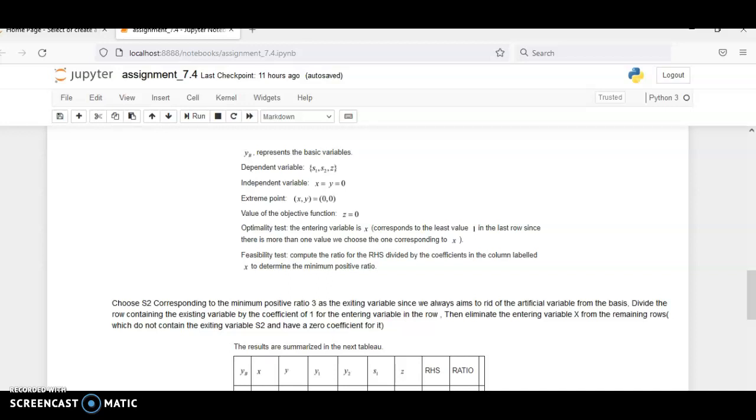Optimality testing: the entering variable is x, corresponding to the least value of minus 1 in the last row. Since there is more than one value, we choose the column corresponding to x.